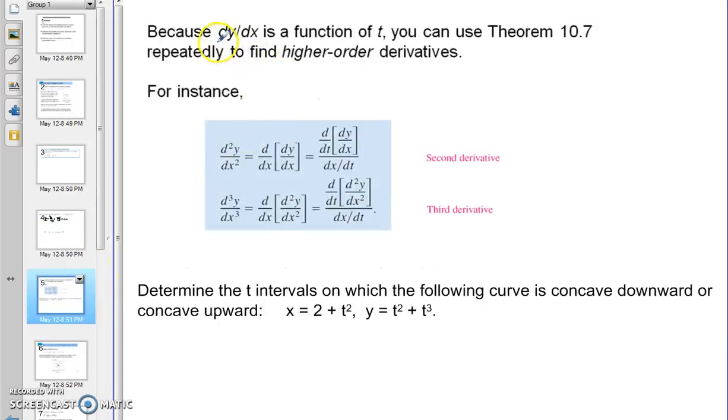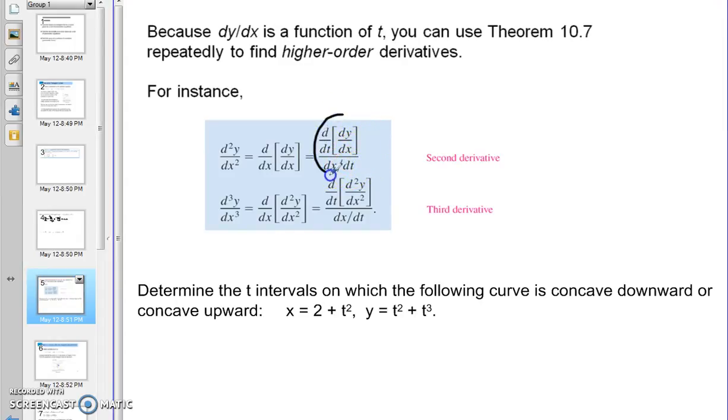All right. dy/dx is a function of t. You can use theorem 10.7 repeatedly to find higher order derivatives. So here's the second derivative, and here's the third derivative. And notice they get a little messy. Here we've got the derivative with respect to x of the derivative, and we write that as the derivative with respect to t of dy/dx over dx/dt.